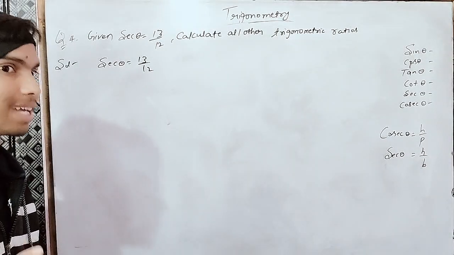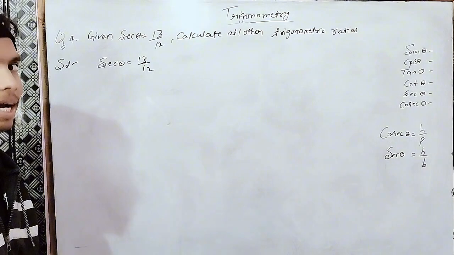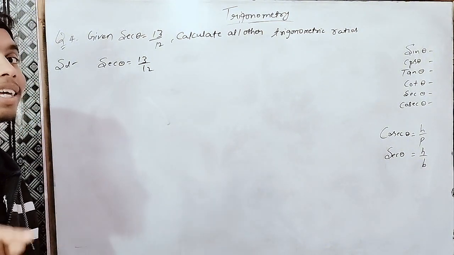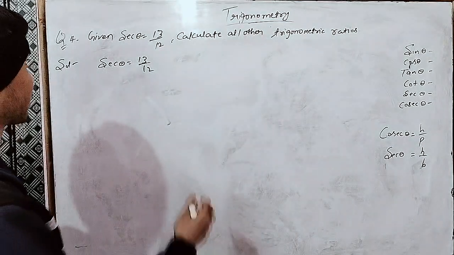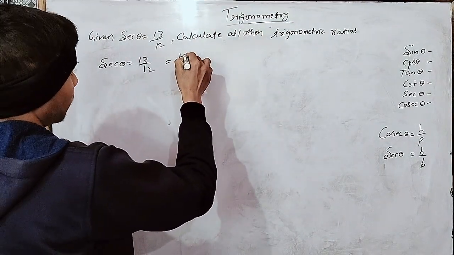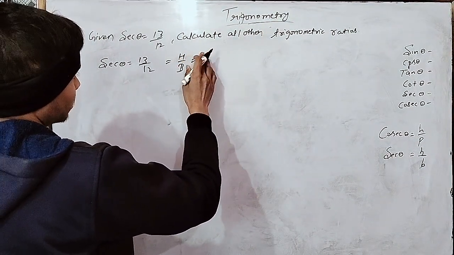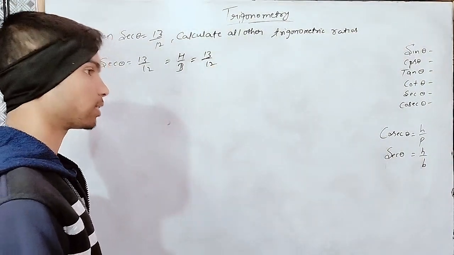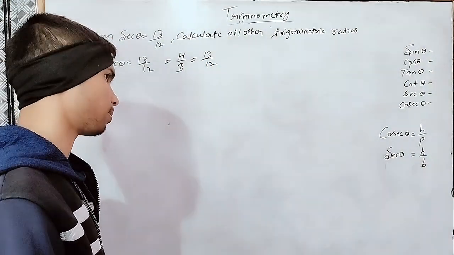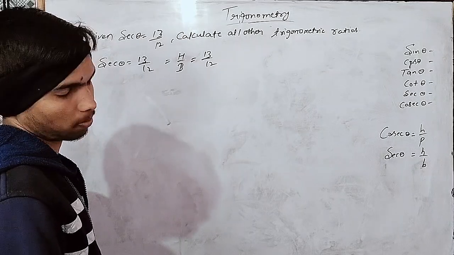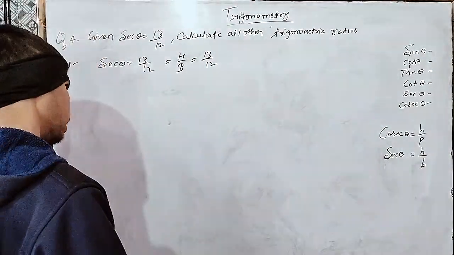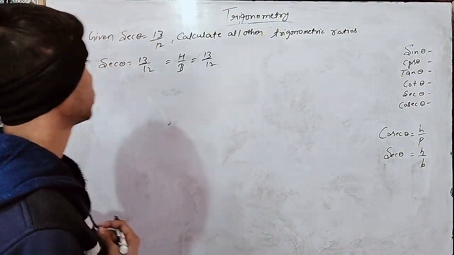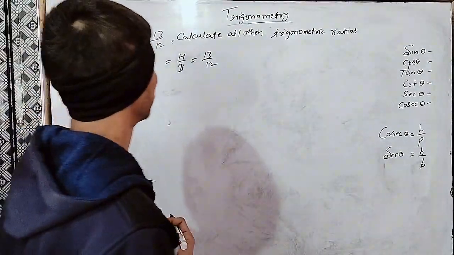Cos is equal to B by H. Now sec theta would be H by B. H is how much? 13 centimeter. B is 12 centimeter. So we don't have the value of P. That's why it is compulsory to find out the value of perpendicular.